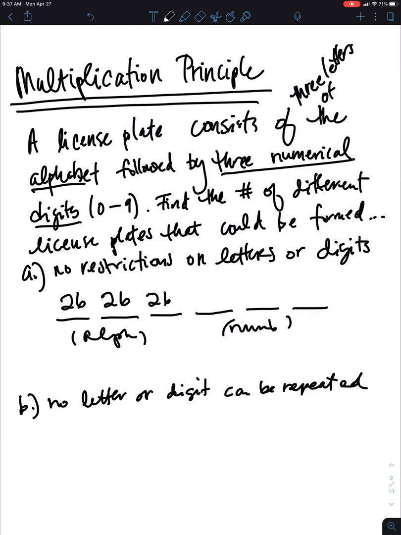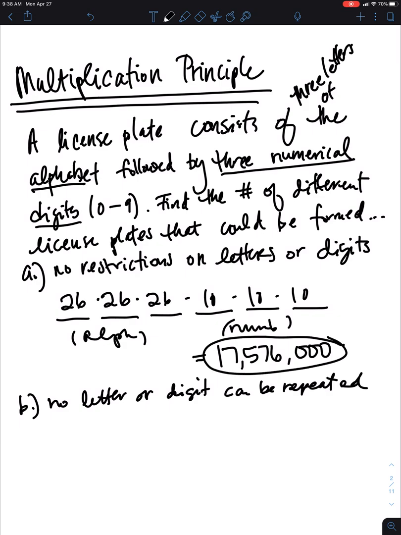That's 10 numbers, not 9. This would be 10, 10, 10. We multiply all these numbers together, so you'd have 26 times 26 times 26 times 10 times 10 times 10. That would be a really big number. That's how many possible license plates there are if you have no restrictions.